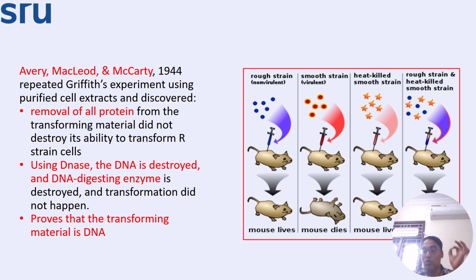But if you use DNase and break down the DNA, nothing gets transformed, so the mouse is again surviving. This indicates that DNA is the genetic material. Because of this entire series of experiments, they concluded that DNA is the genetic material.